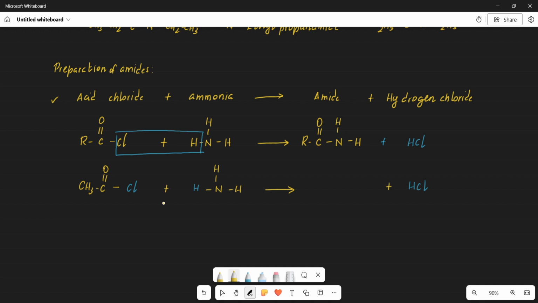Then I am going to connect the remaining CH3 C double bond O NH2. This is actually ethanoyl chloride. Ammonia. This is ethanamide.